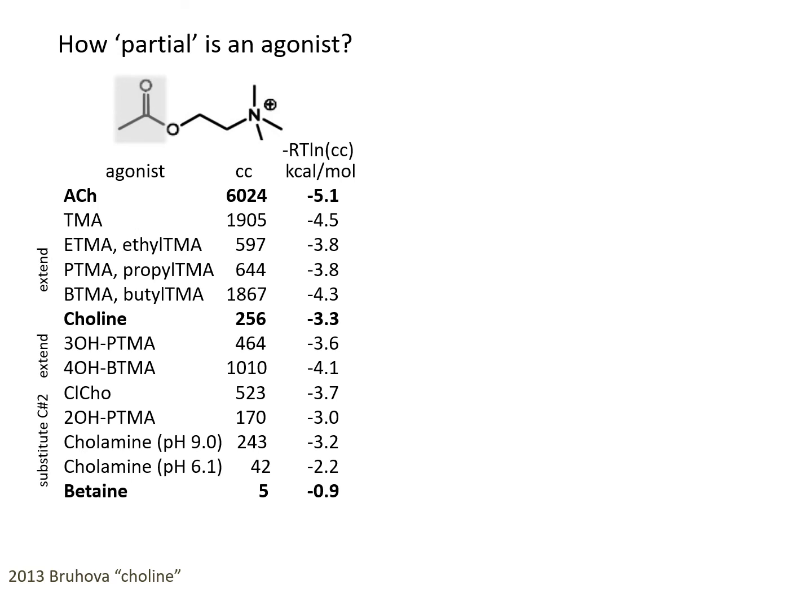The coupling constant is a quantitative measure of how partial the agonist is. So this is a list of coupling constants obtained by calculating the square root of L2 over L0 for a number of choline derivatives.